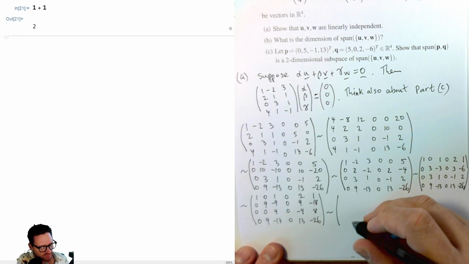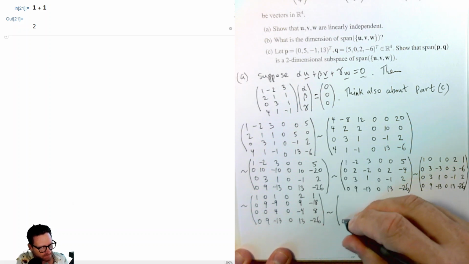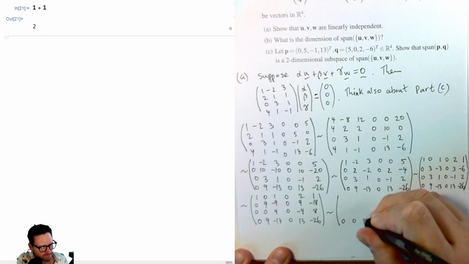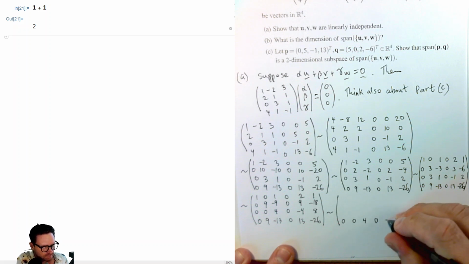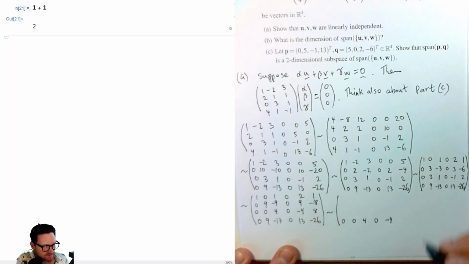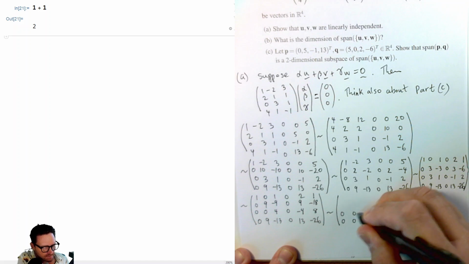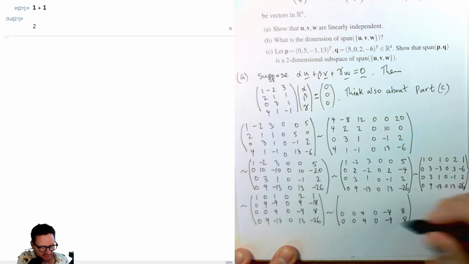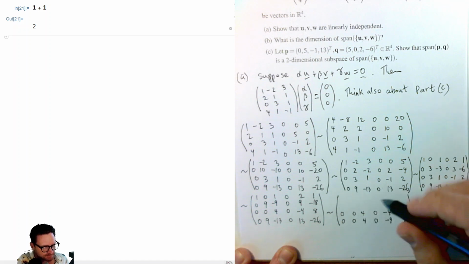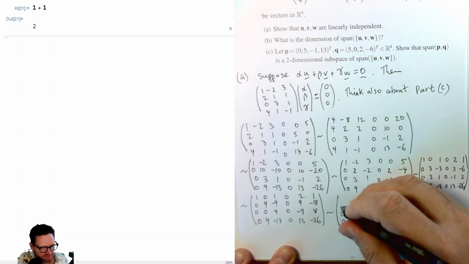Now we want to replace row 4 with row 2 minus row 4. We can see that we're going to get a row of zeros. Now let's replace row 2 with 1/9 of row 2.